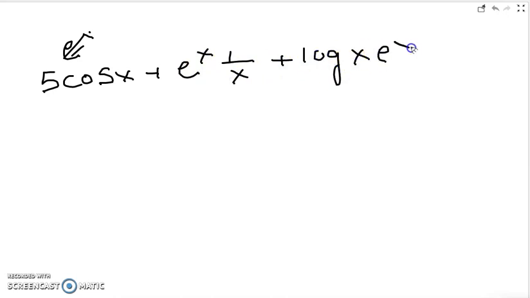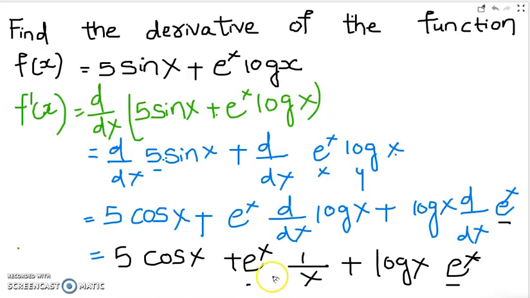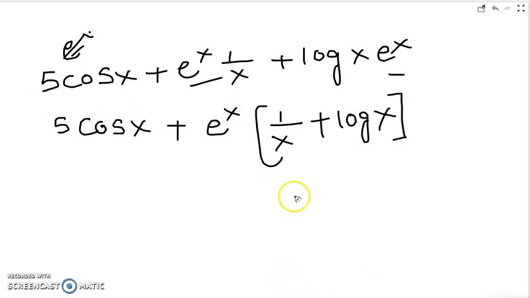Yes, this only we have got. e^x is common: 5 cos x plus e^x times (1 by x plus log x). So this is the answer. Now let's see problem 2.